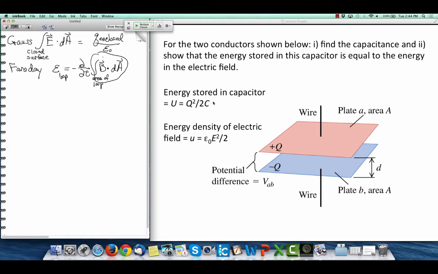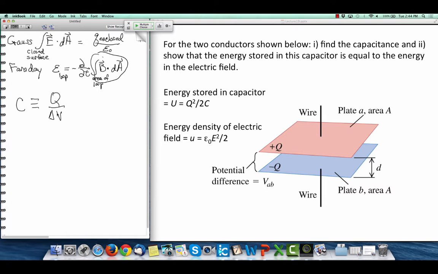So find the capacitance. Well, how do you find the capacitance? I'm jumping ahead here. Capacitance is the amount of charge you can store. This is essentially a definition at this point. The amount of charge you can store divided by the voltage difference it took to put that total charge Q on there.